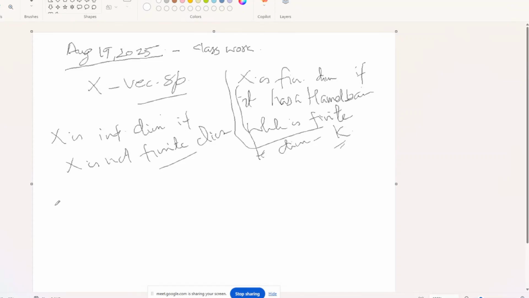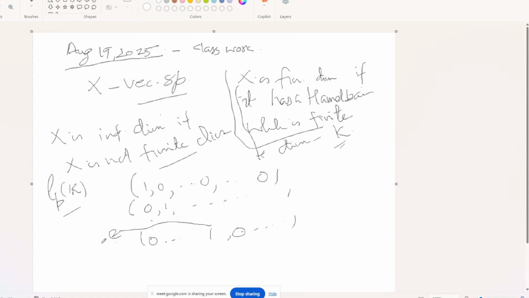So what are the linearly independent vectors for LP? Let us take LP. The first one is 1, 0, 0, 0, and so on. Second one, 0, 1, 0, 0, 0. The nth one, 0, 0, 1, 0, 0, 0, where 1 is the nth component.